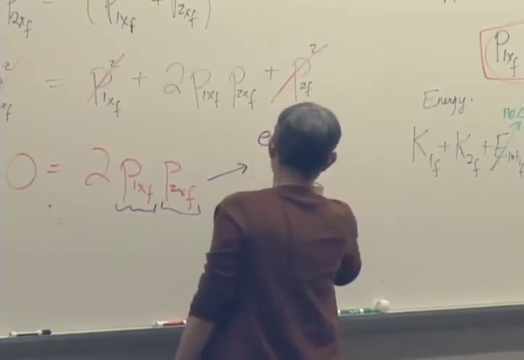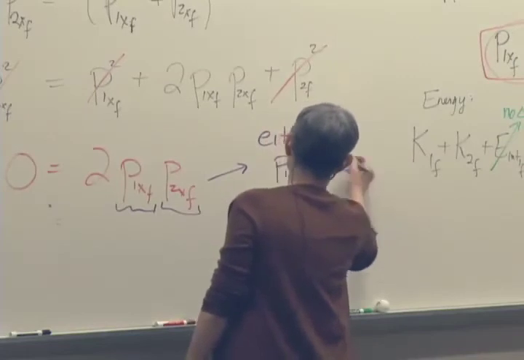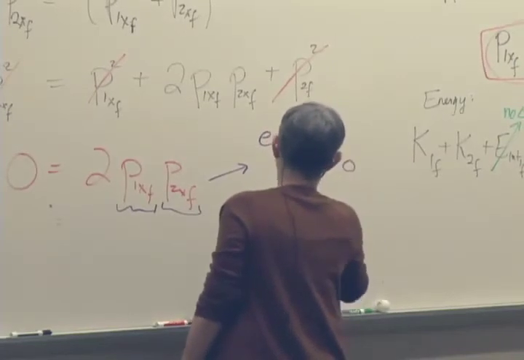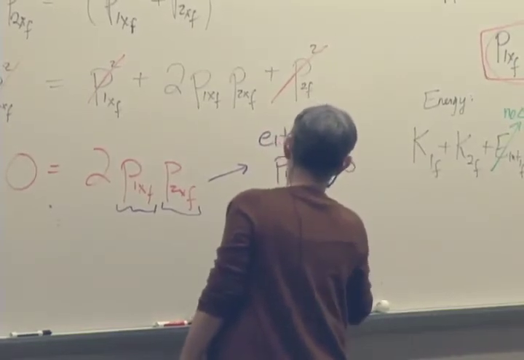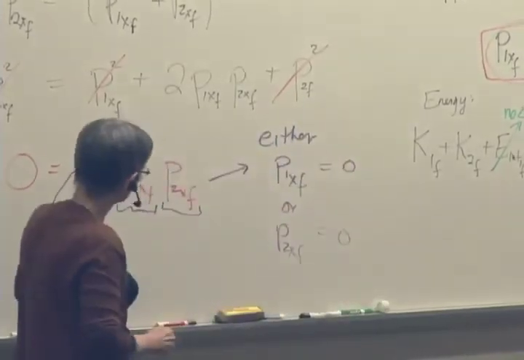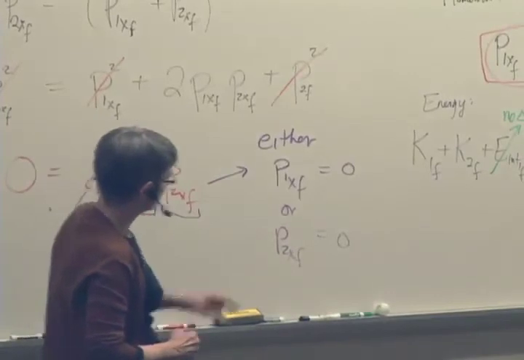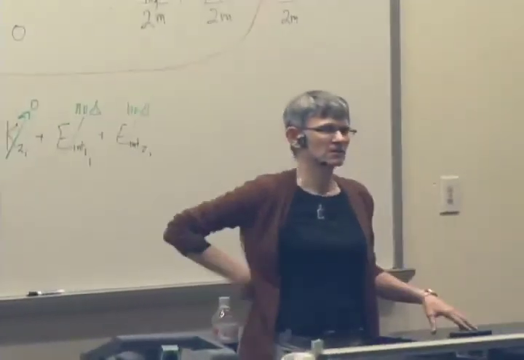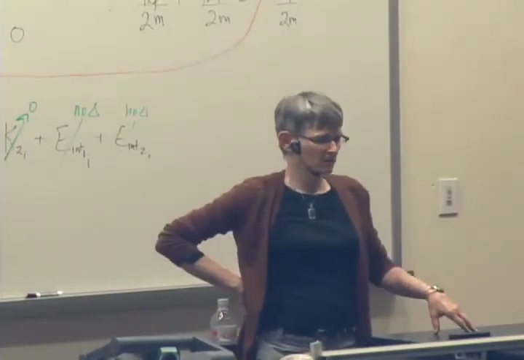Either P1 final is 0 or P2 final is 0. So if P1 final is 0, what does that correspond to physically? Okay, right.